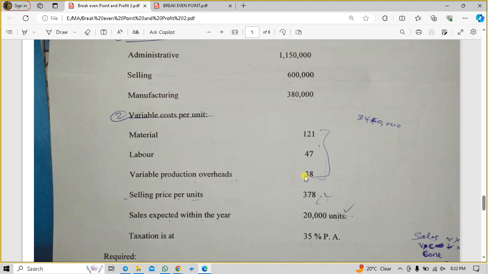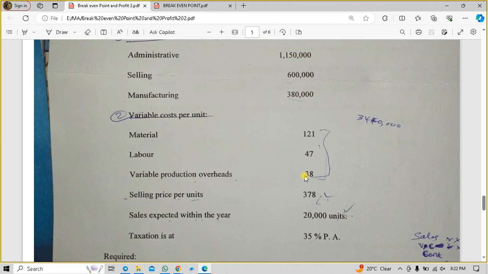What are you getting? Total variable cost 41,20,000. Correct. Sales minus variable cost, contribution mnapata ngapi? 34,40,000. Correct as well. So if you are not getting those figures, kindly jua umekosea mahali, rudia tu pole pole.